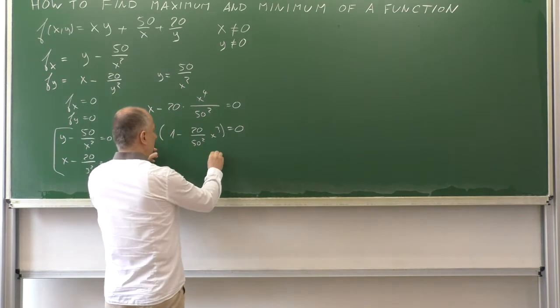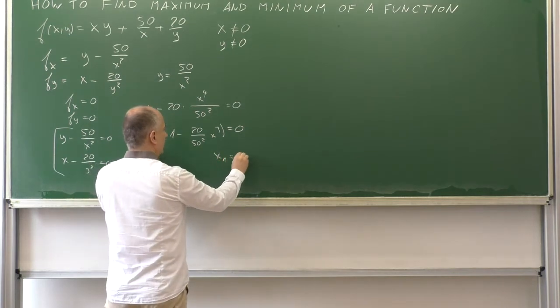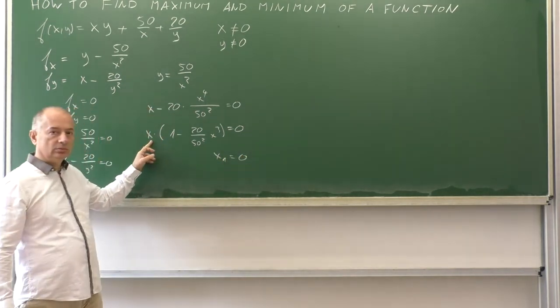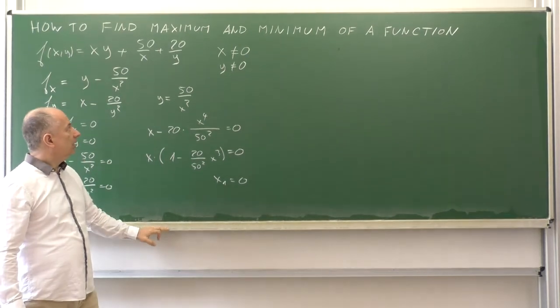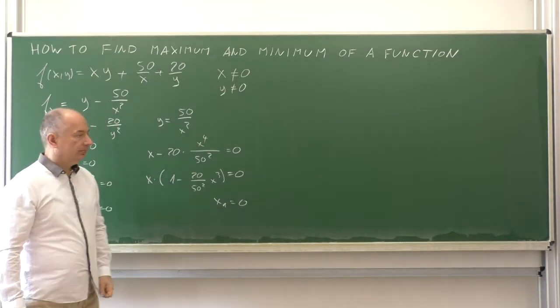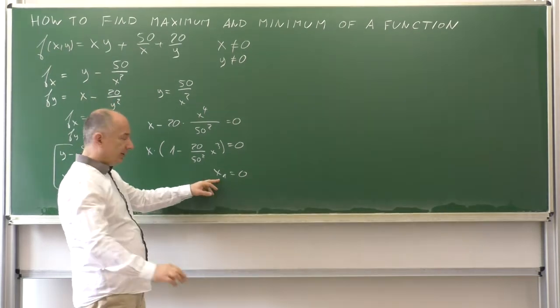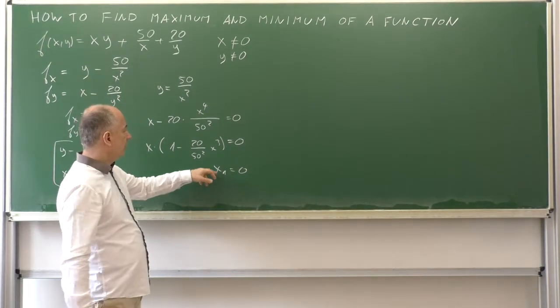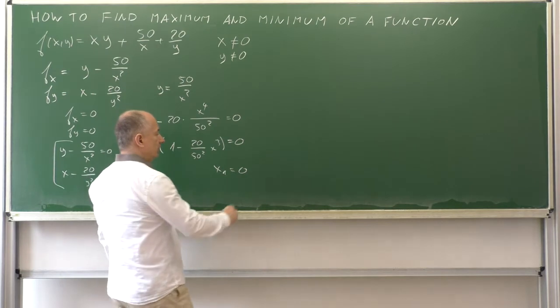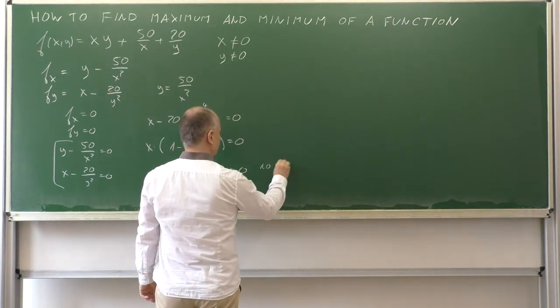So we have one solution of this equation, x is 0, but this is not in the domain of definition of the function, independent of y. So this contradicts this equation. So this is not good.